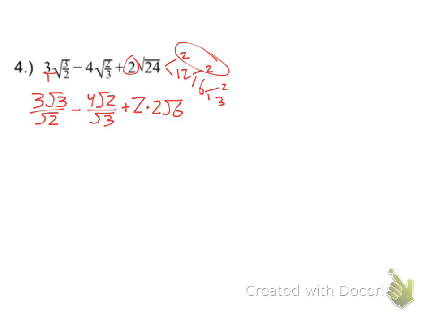It only works if there's an equal sign. There's no equation here, so we actually have to have a common denominator. But I really don't like square roots in the denominator, so I'm going to have to rationalize the denominators so they don't have square roots on the bottom.